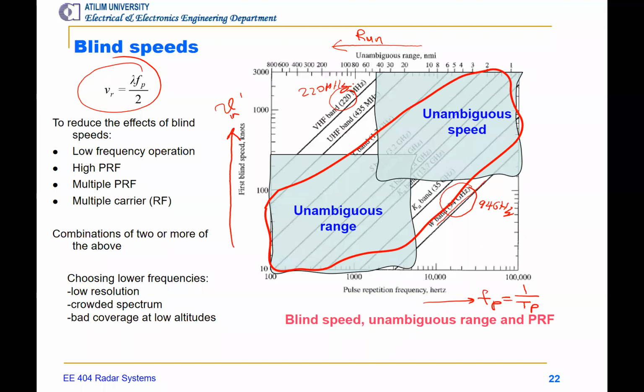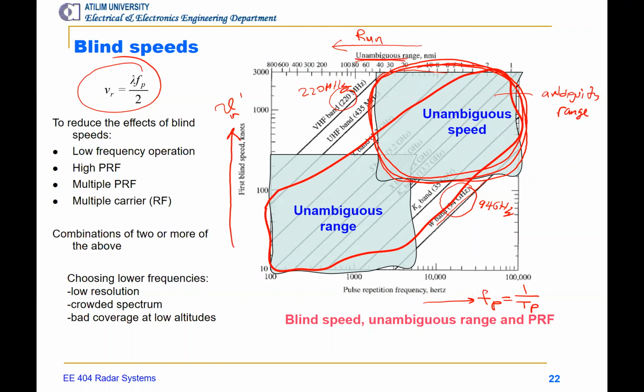Let's see where we have ambiguity in speed and where we have ambiguity in range. When we look at this, we have unambiguous range in this region, but ambiguity in speed. Here we have ambiguity in range.